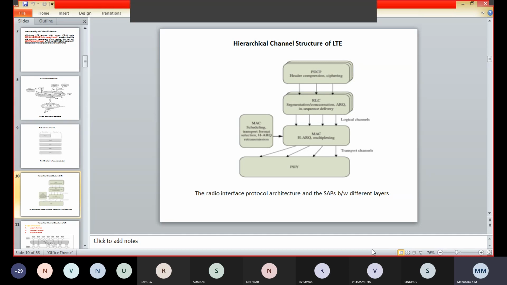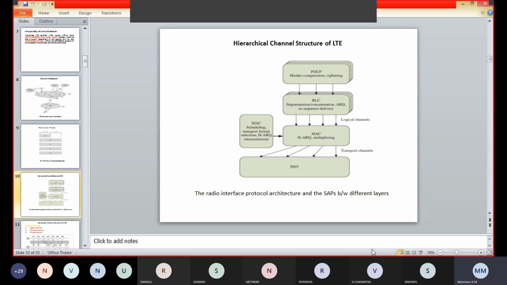So the defined control information includes the downlink control information, that is DCI, which carries the information related to the downlink or uplink scheduling assignment, modulation and coding scheme, and the transmit power control command, and is sent over the physical downlink control channel, that is PDCCH.